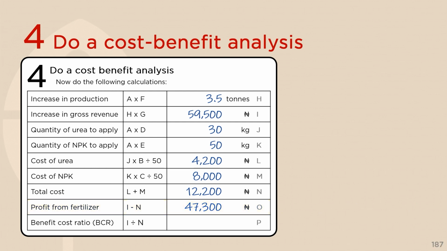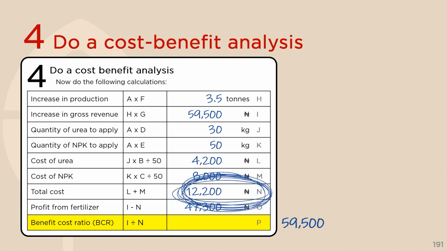The last thing to calculate is the benefit-cost ratio. This will help you decide if your expected profit is large enough to justify investing. We need to divide value I by value N. Value I is the increase in gross revenue, 59,500 naira.